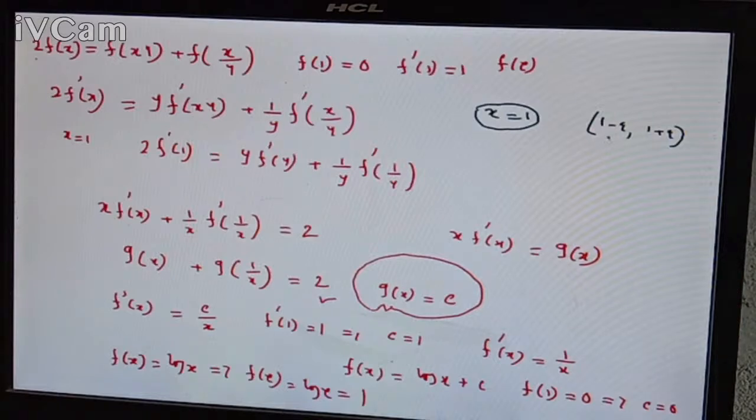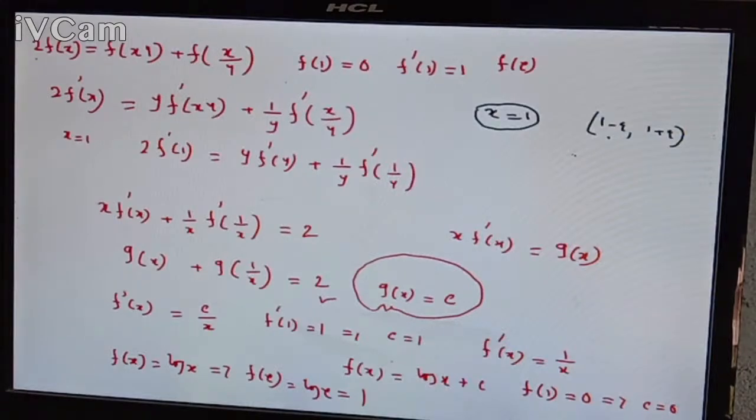Now in between this interval, g of x plus g of 1 by x is 2, and the limiting value is tending towards 1. Therefore, we can conclude that in between this interval, it's a constant function.